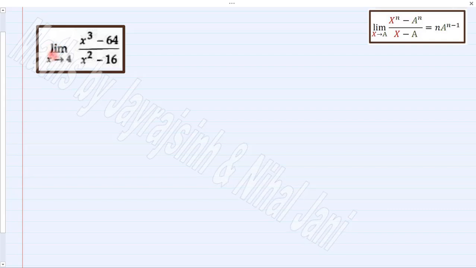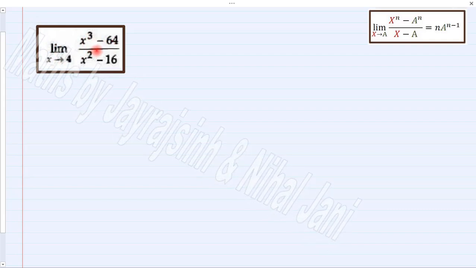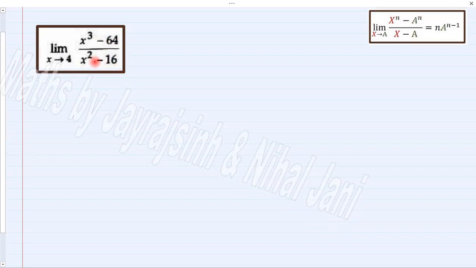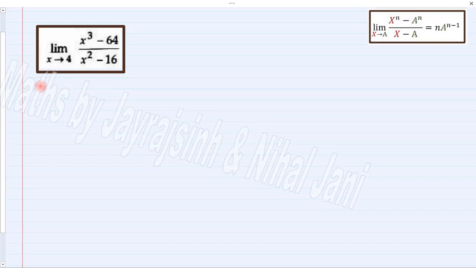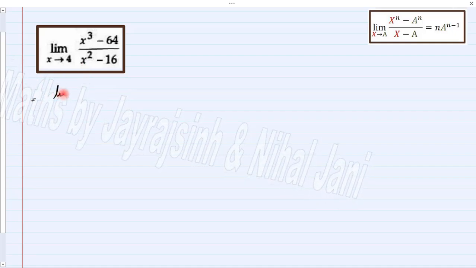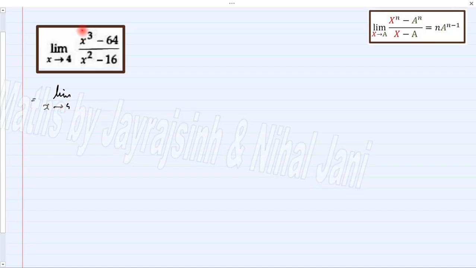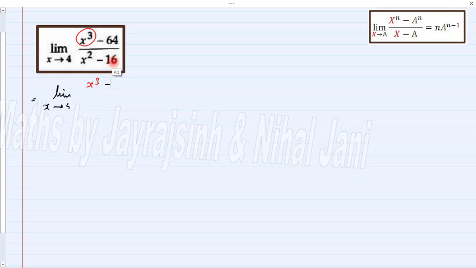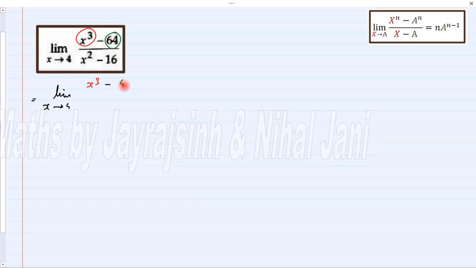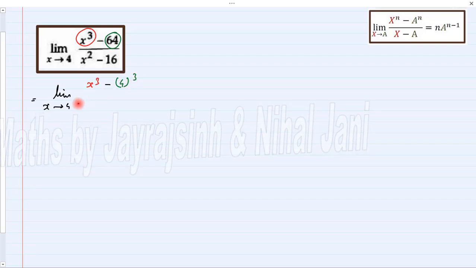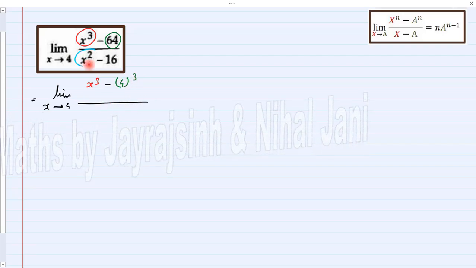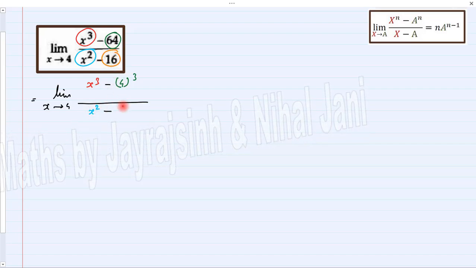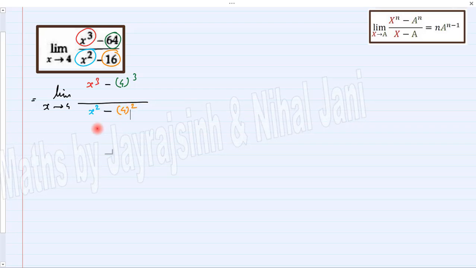In this question, we have limit x tends to 4, (x cube minus 64) upon (x square minus 16), which is in the form of 0 by 0. Now, to solve this, let's use standard form. Your limit is x tends to 4, and in numerator we have x cube minus 64, which can be rewritten as 4 raised to 3, and in denominator we have x square minus 16, which can be rewritten as 4 square.